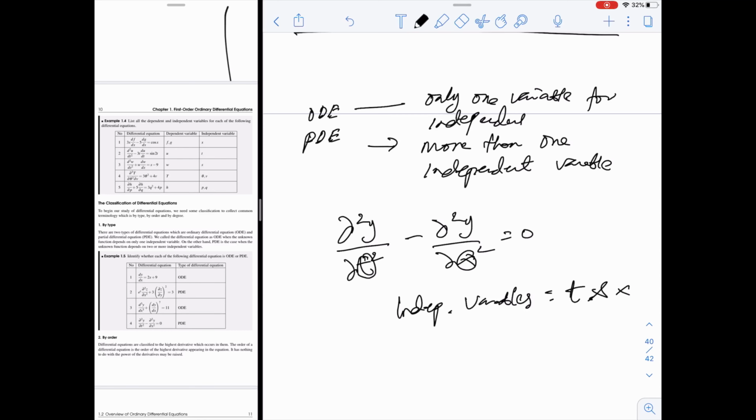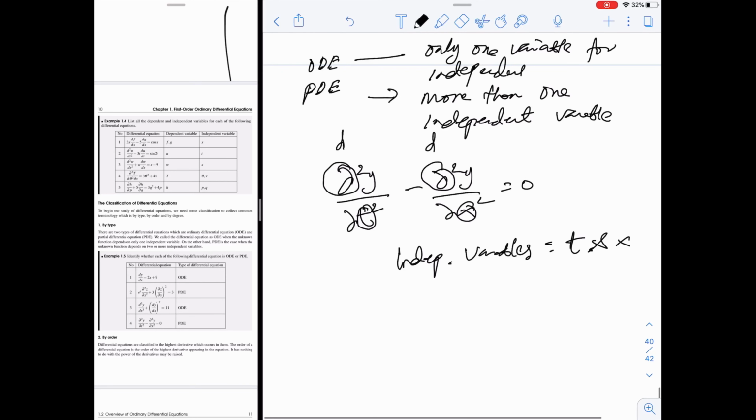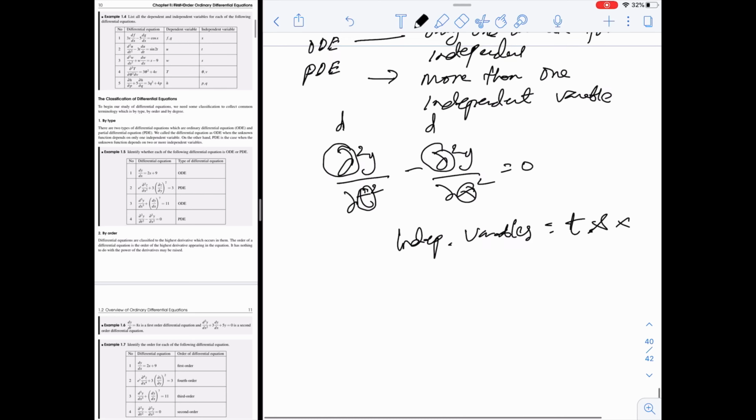Or you may check the notation here: for an ordinary differential equation, we use only d. However, for a partial differential equation, since it has more than one independent variable, we use del. So it is as easy as that to differentiate between ODE and PDE.